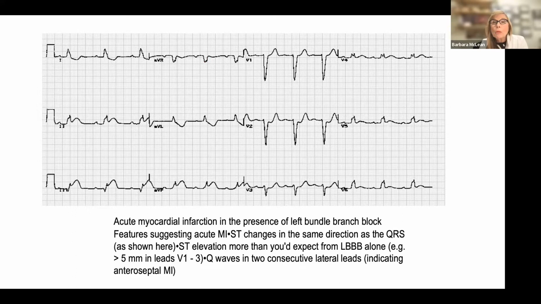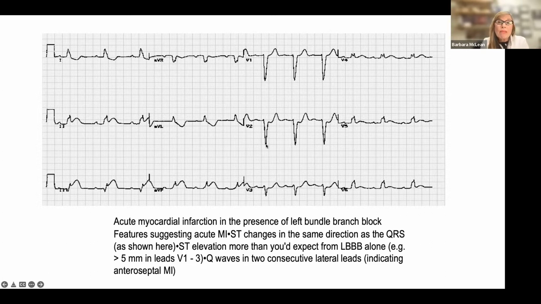Here, though, what you're seeing is something very different, okay? So again, I'm looking at my axis. My axis is normal. My R-wave progression is okay. My zone of transition is V4, but it's wide with a little bit of discordance. But now when I look at leads in my lead group, I see that I have ST segment elevation in 2, 3, and AVF.